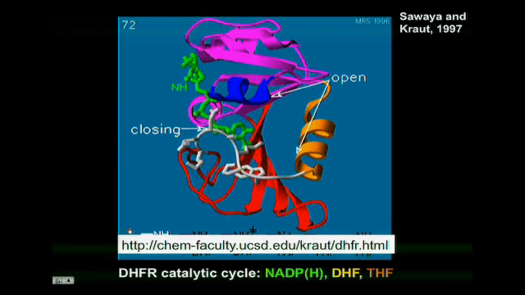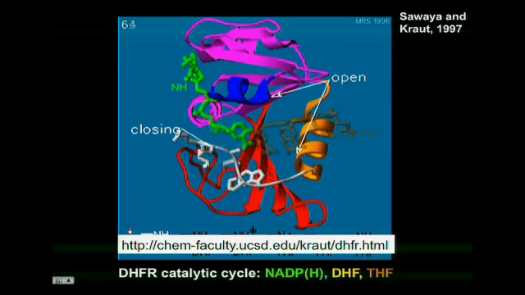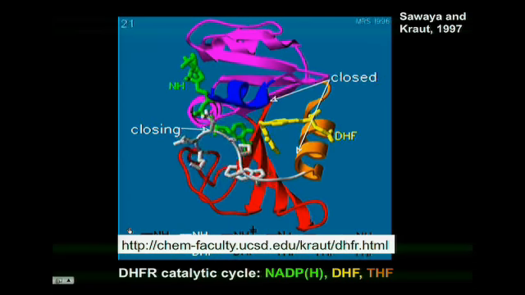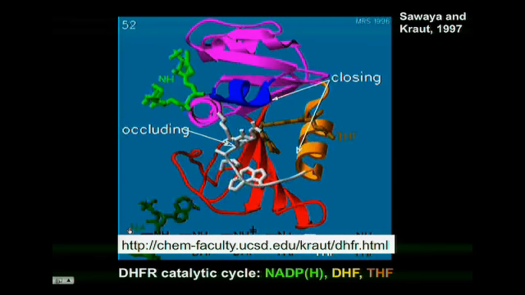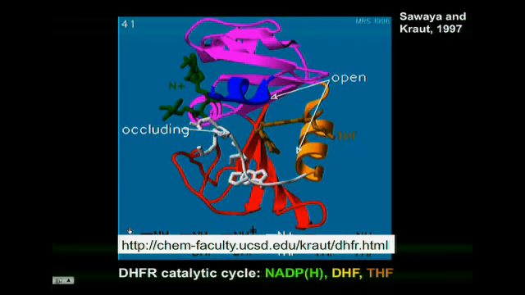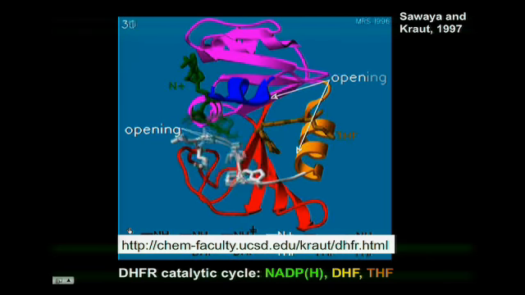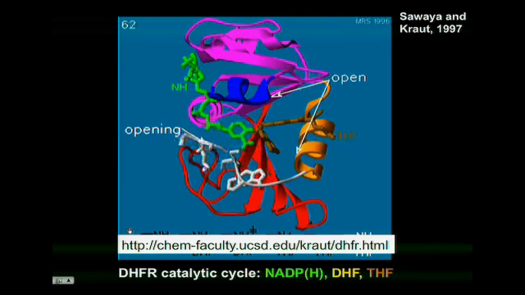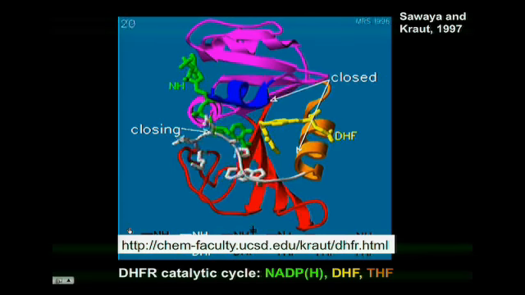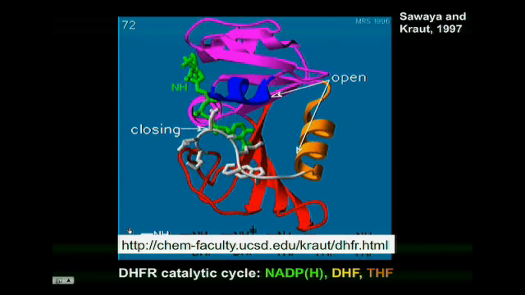Here is the coenzyme coming in, and here is the substrate, dihydrofolate. And if you look at it, you'll see that the coenzyme is near the active site, and as it binds first, donates its hydrogens to dihydrofolate, which then becomes tetrahydrofolate, is released from the enzyme.